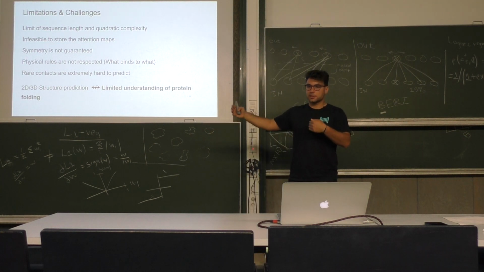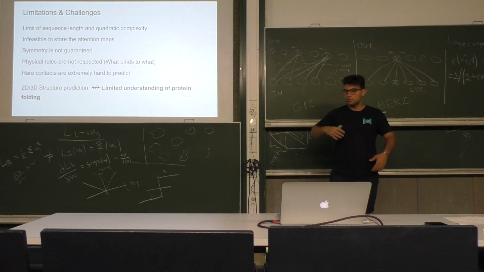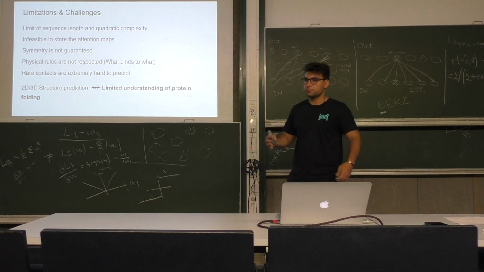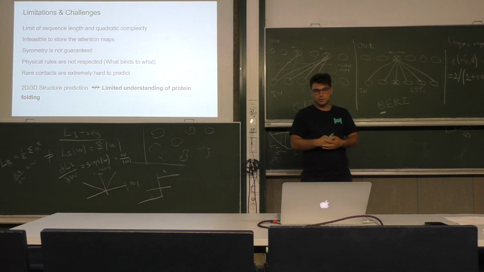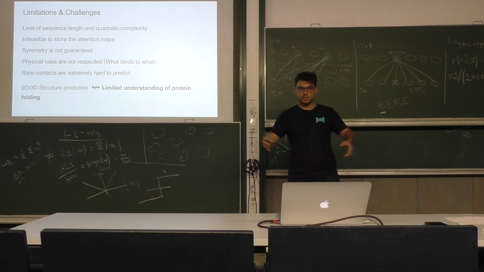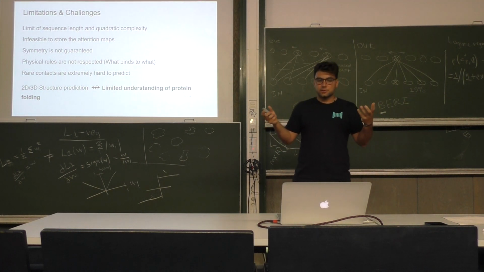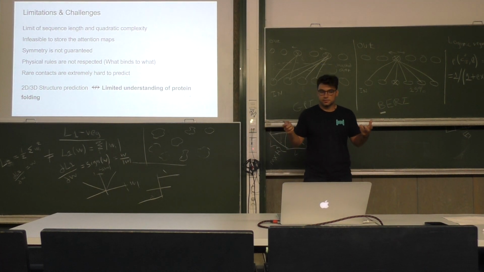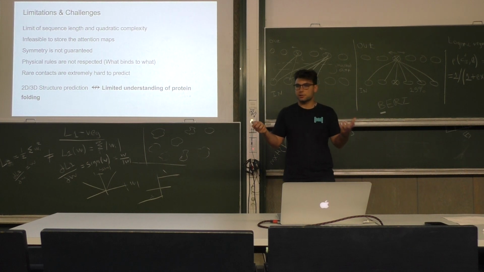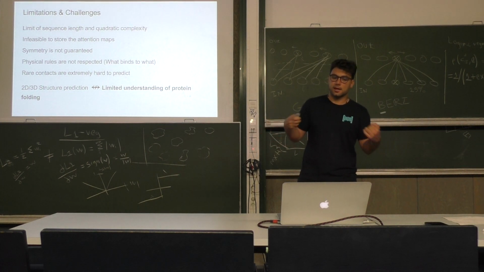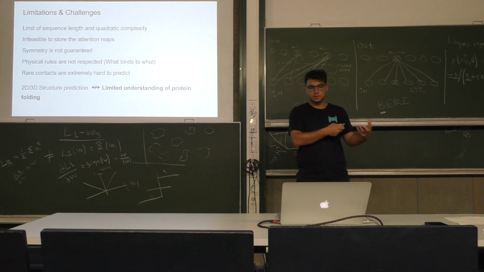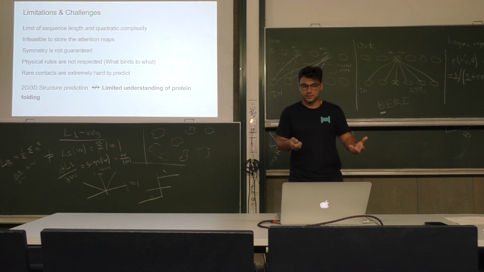Even in biological data, you may have proteins of 3,000 or 4,000 sequence length. I'm speculating, I don't know the exact numbers. So this would be very hard. This is still a computational bottleneck that comes with the attention mechanism.